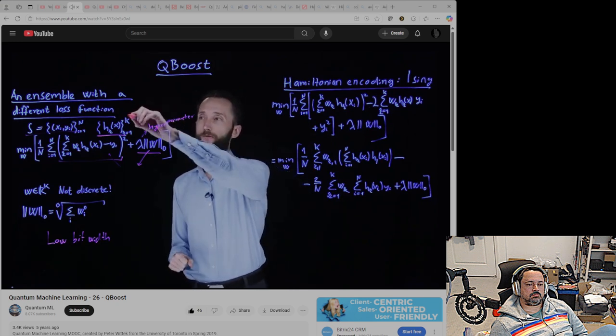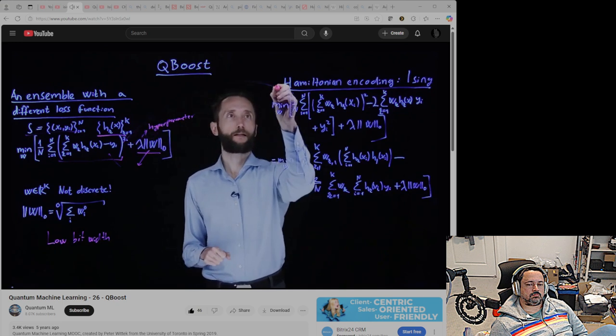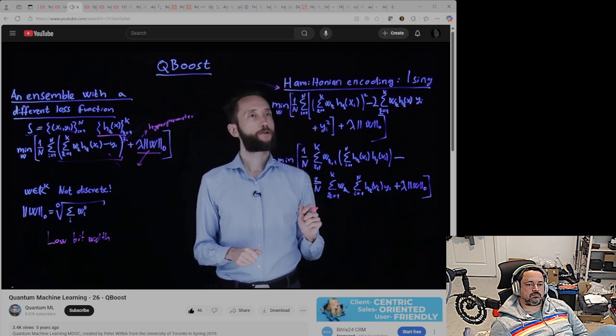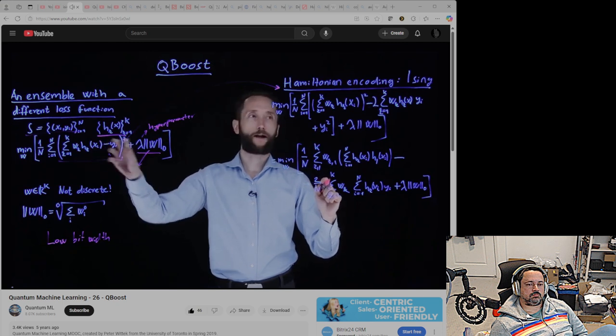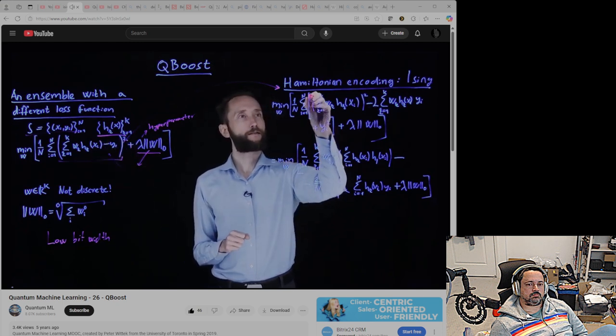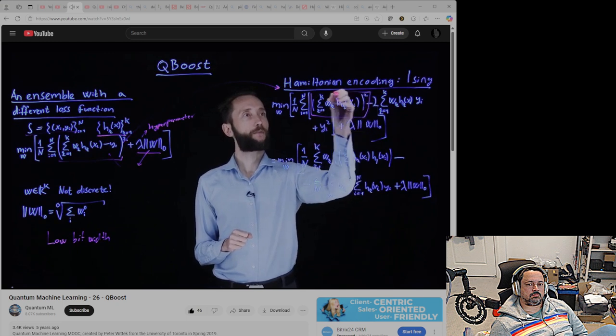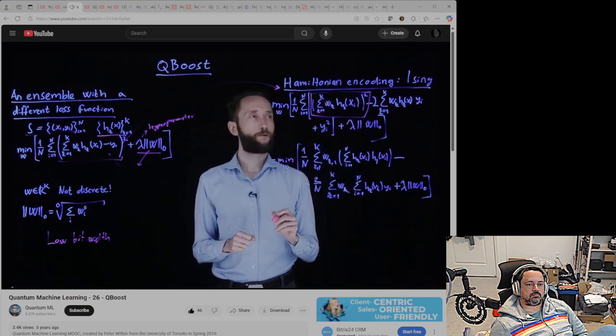Here I'm just rewriting this expression in a different way. What I do is I expand this square loss. Now I have this quadratic term over the sum of the ensemble.